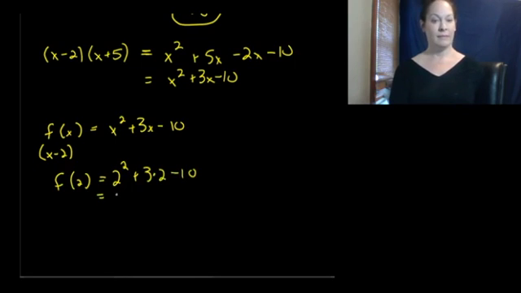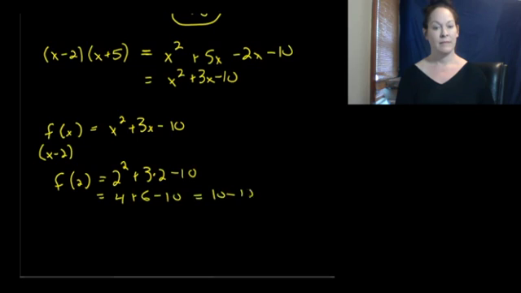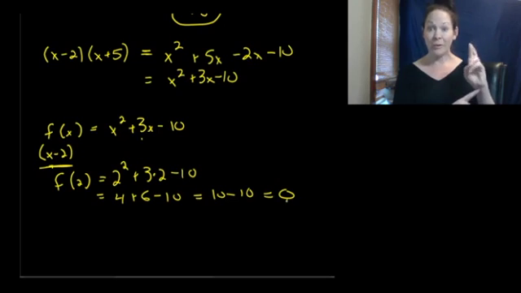And so I get 4 plus 6 minus 10, 10 minus 10, or 0. If I were to divide this by x minus 2, there would be no remainder. It's a factor that made this.